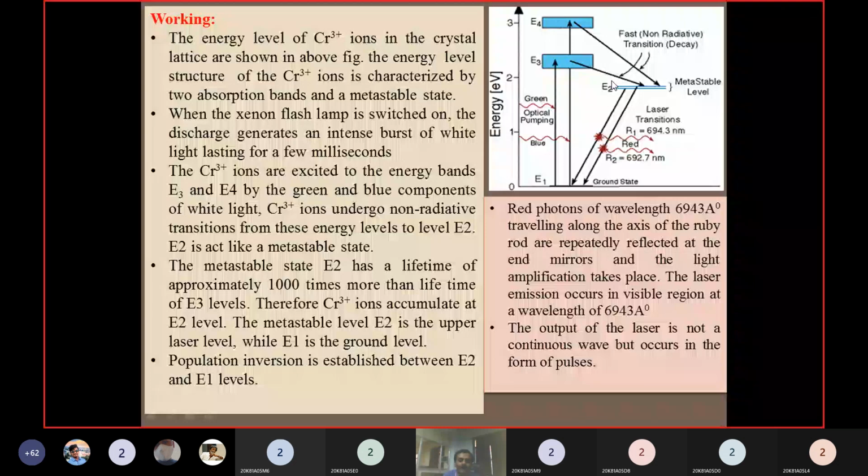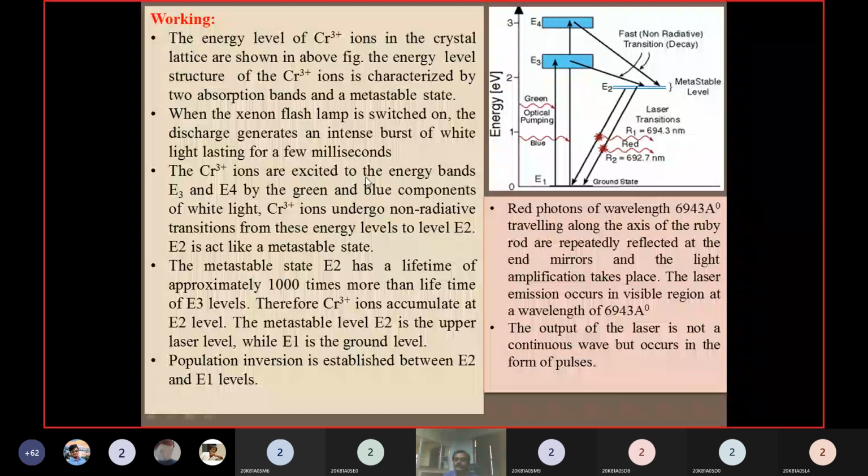Then the chromium ions undergo non-radiative transition from these energy levels to the E2 energy level.